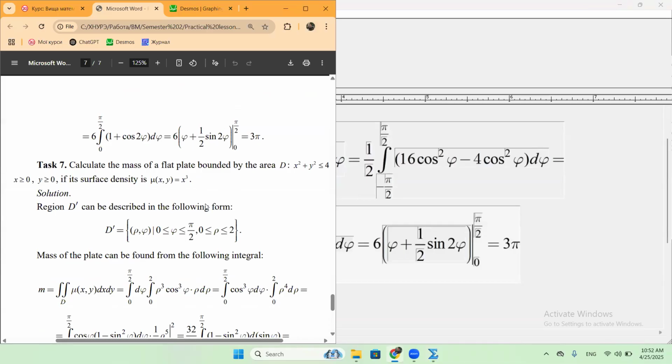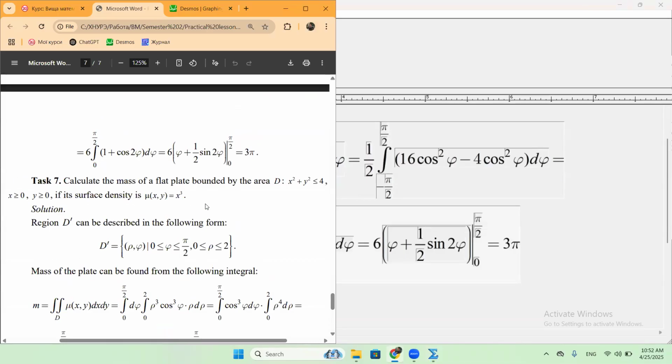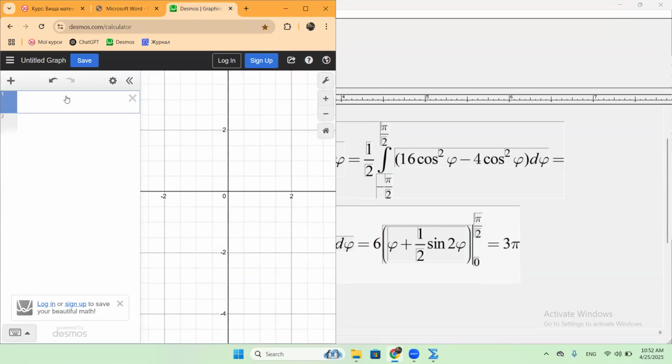So we need to calculate the mass of a flat plate bounded by the following area. Actually, this is a quarter of the round where x and y are positive. So let's plot it.